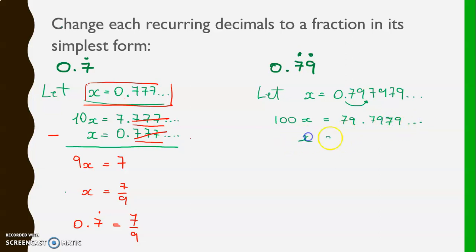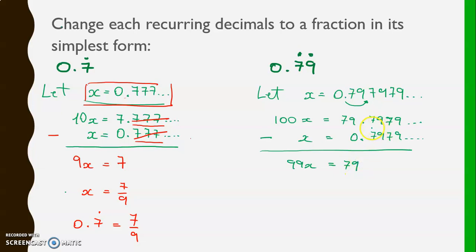And as we can see, if we take away x, 7979, we will end up with a whole number. 100x minus x is 99x equals 79 minus 0, which is 79.